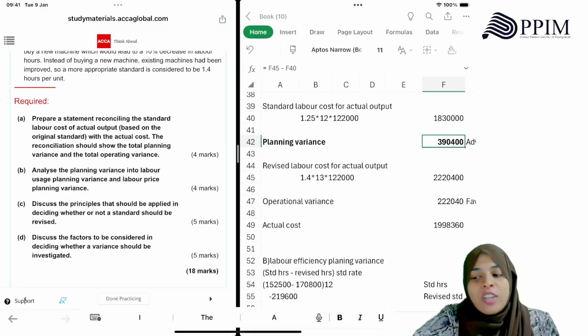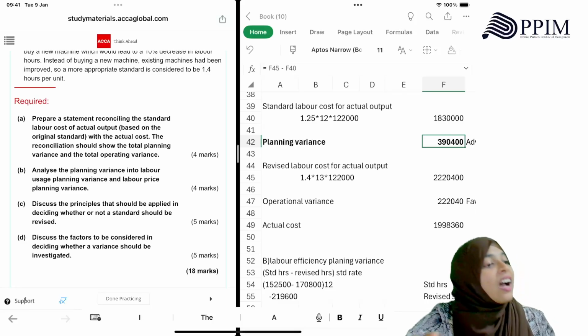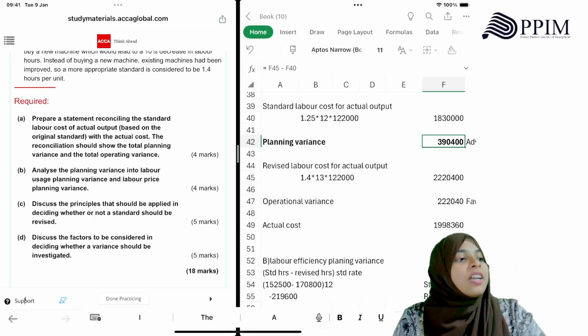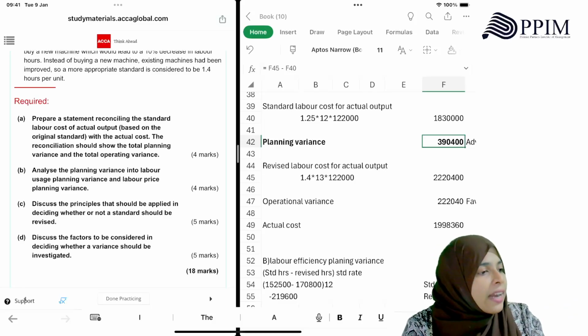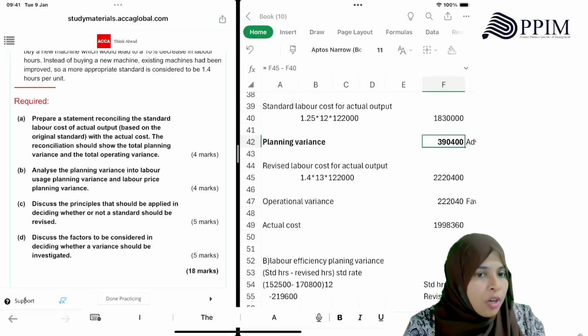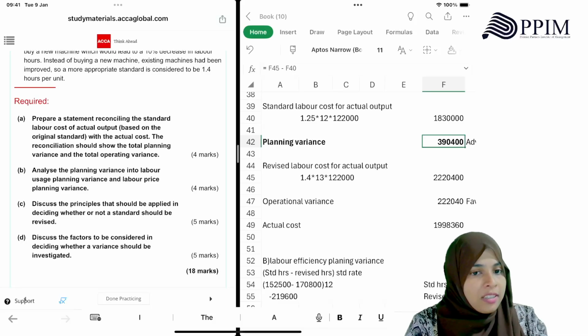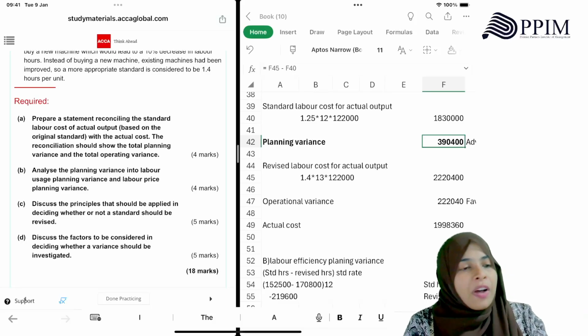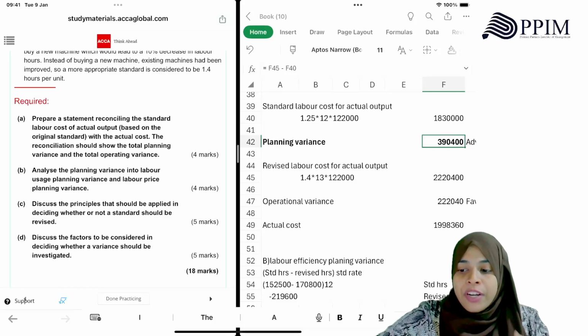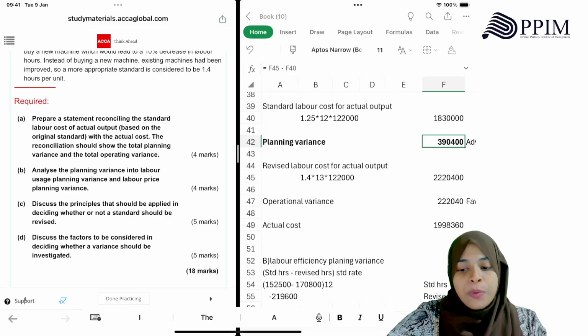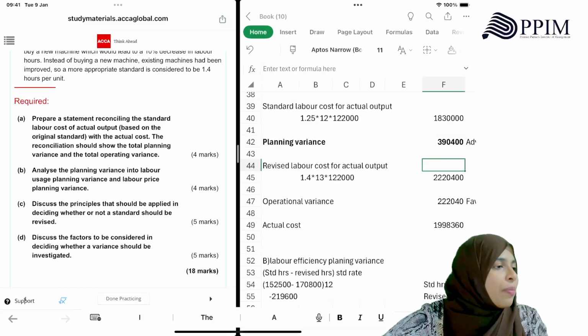Right now, see when they got this 390,400, they asked us in this question to do it that way. They told us to start with the standard labor cost for actual output, and they asked us to reconcile. So due to which we found the revised labor and we found the actual cost. Correct? The difference that we got here, the difference between standard and revised, we agreed was the planning variance, or differences due to planning.